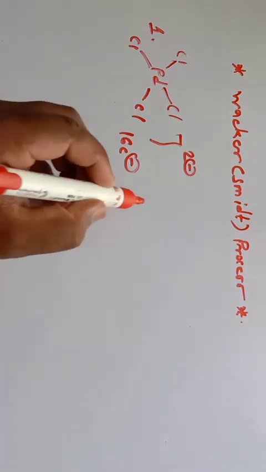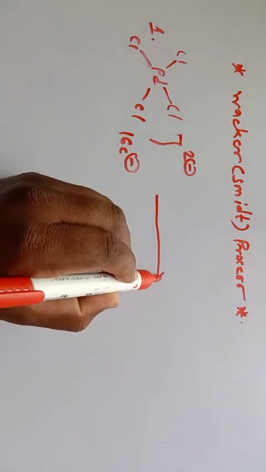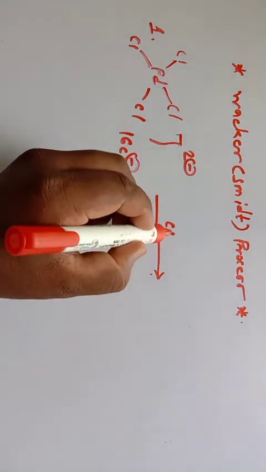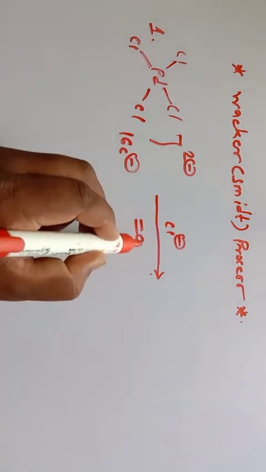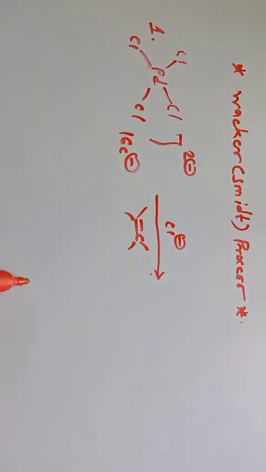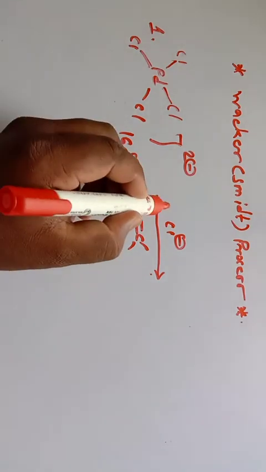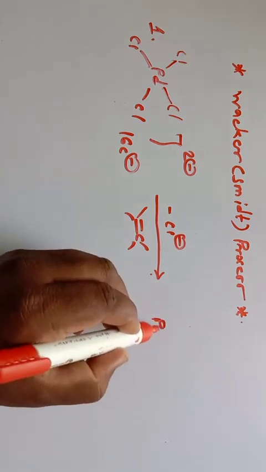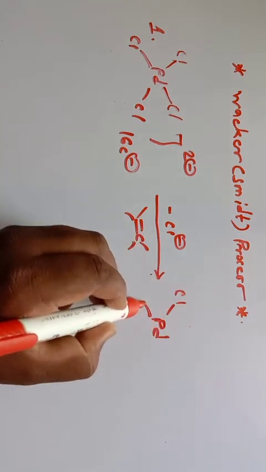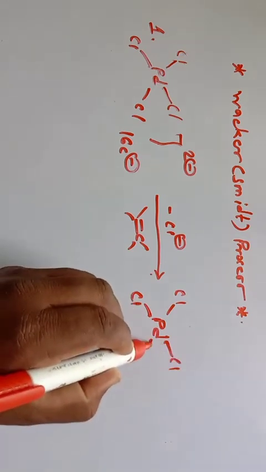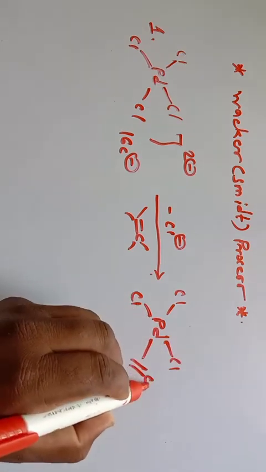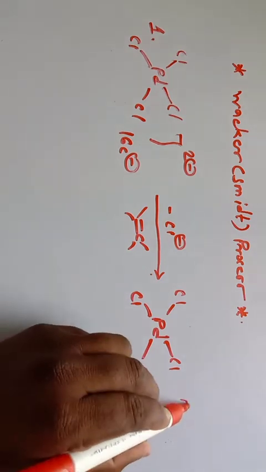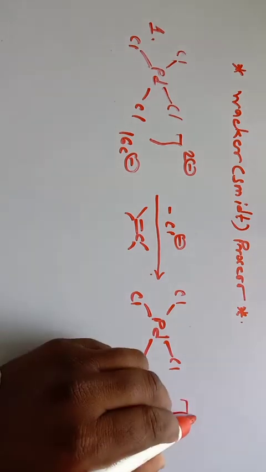So the first step is the substitution of one of the chloride ions, that is Cl minus ion, by a carbon carbon double bond, the alkene. So elimination of Cl minus, and what we get here is PdCl3 with the alkene coordinated, and we get a negative charge.